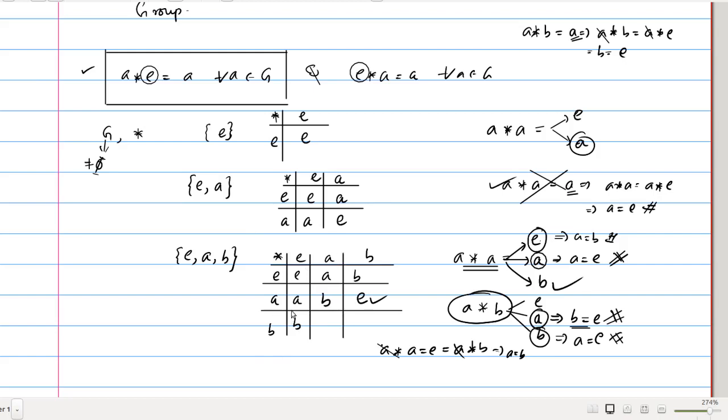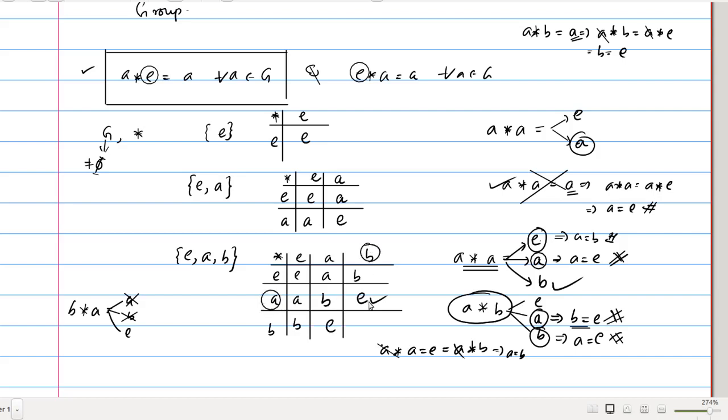B star A has three possibilities, A, B, E, but we already discussed that the only possibility for B star A is E. Otherwise, you can think of A star B.